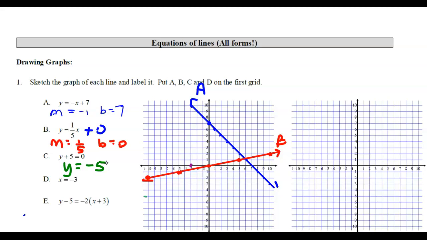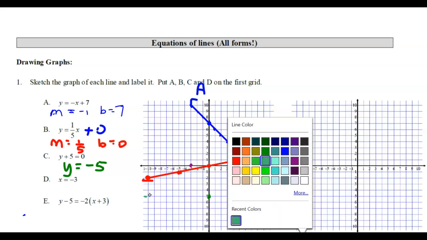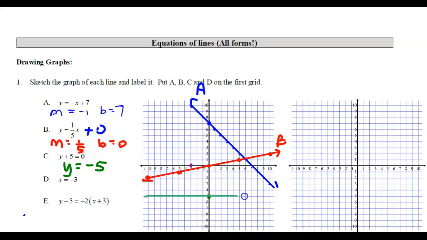So that's going to be a horizontal line going through y-intercept of -5. So that one is a horizontal line. The slope is 0.